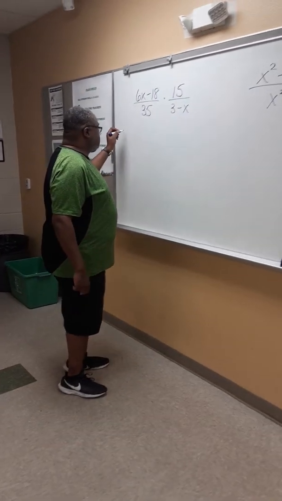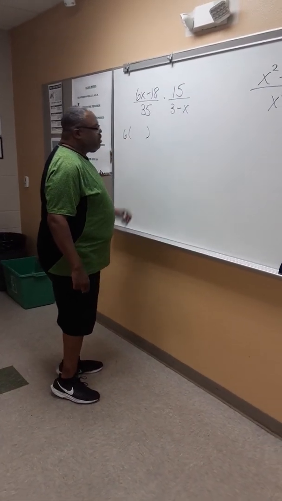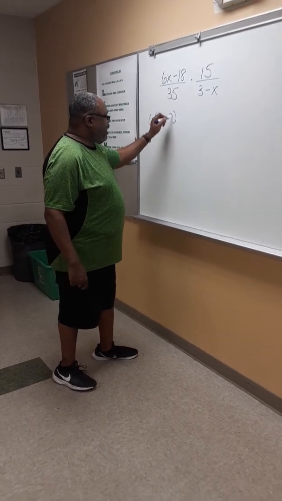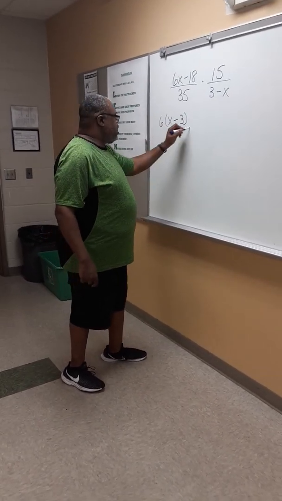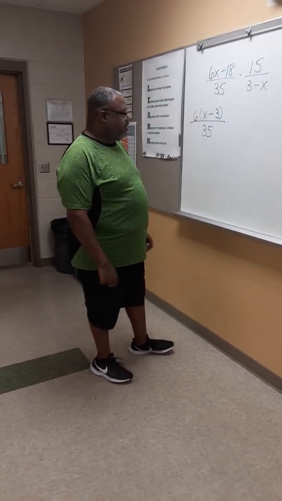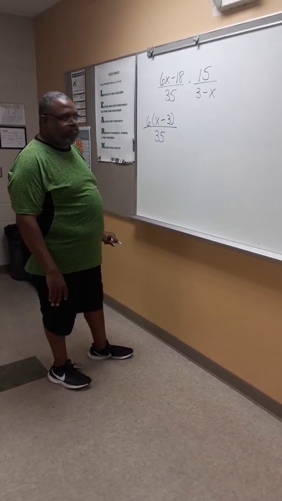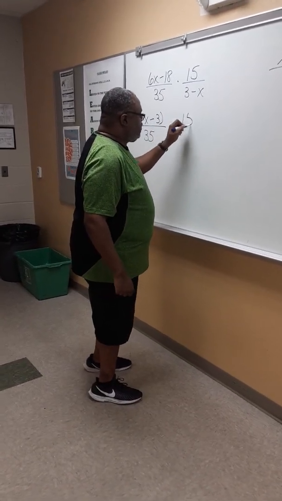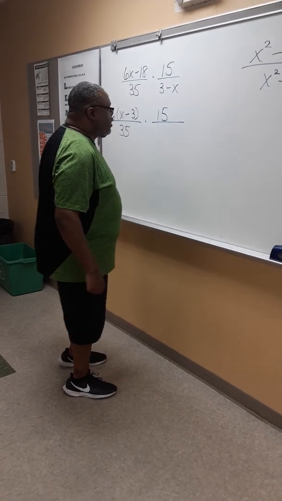So here the 6 comes out, and left over I'll have x minus 3, all over 35. I really can't do anything about that. So again, here, the 35 stays, times 15 up top, okay?